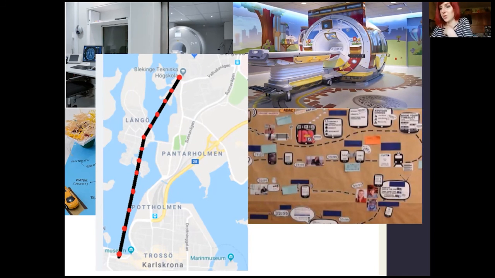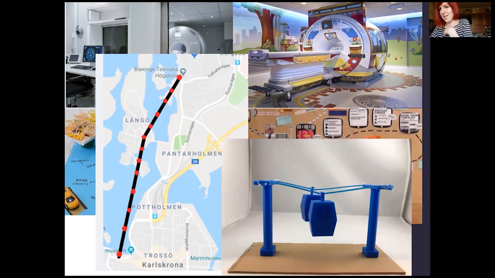So students were trying to solve this problem: how might we increase the degree of communication between the students from those different campuses? And what they came up with was cable cars joining the two campuses. So they 3D printed the prototype.